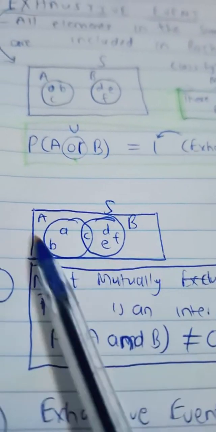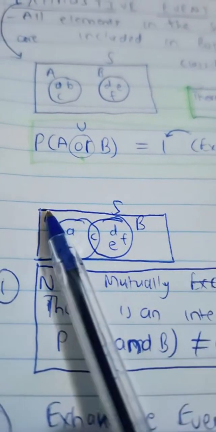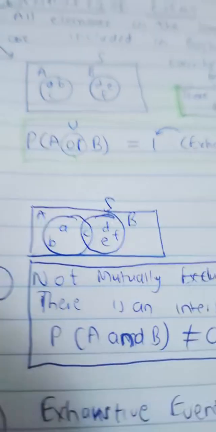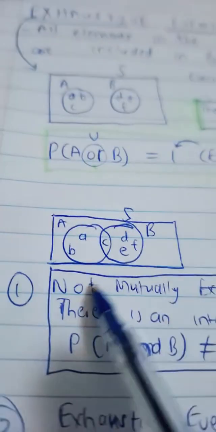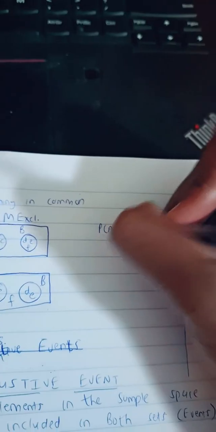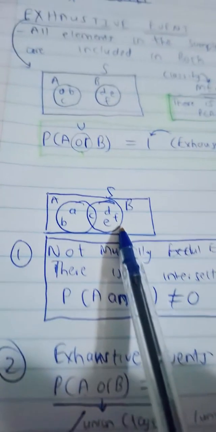Right. So here, let's look at this. You remember here we said these are also exhaustive. All elements are in the events. So once again, we are going to look for the probability of A or B by counting the elements in the sample space. P(A or B) is equal to the number of elements of A or B, meaning the union, what we have together.